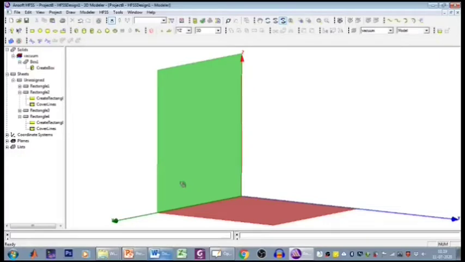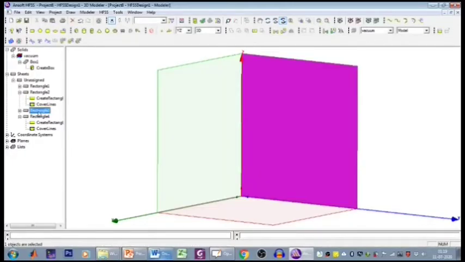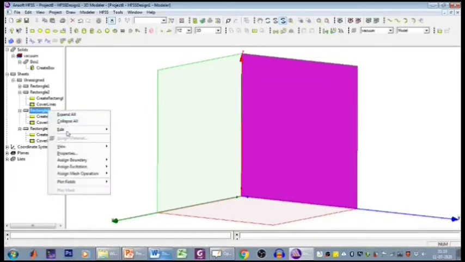Now I'm going to introduce another plane. Okay, so this will be our third plane. This plane now has a value of x which is constant.